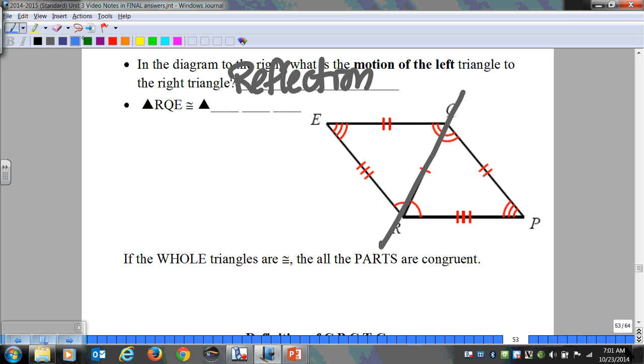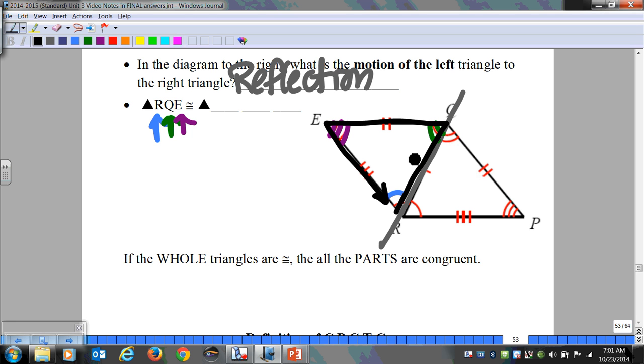Now let's look here. We have R, which is single, Q, which is double, and then E, which is triple. So we're going in this order: single, double, triple.